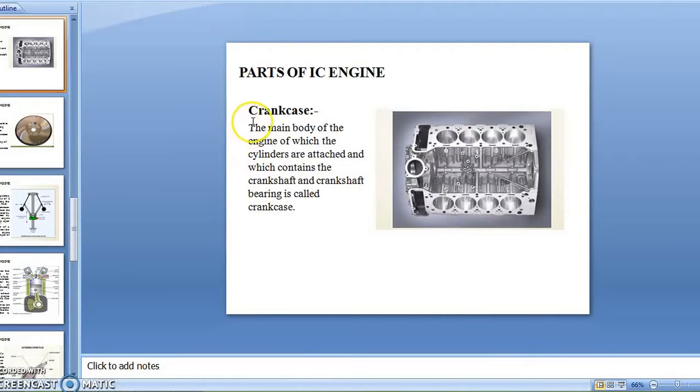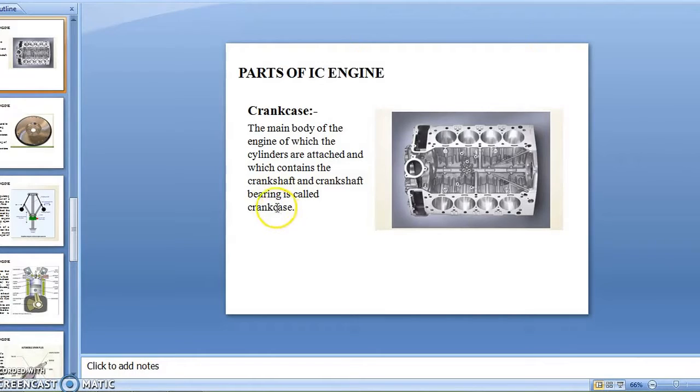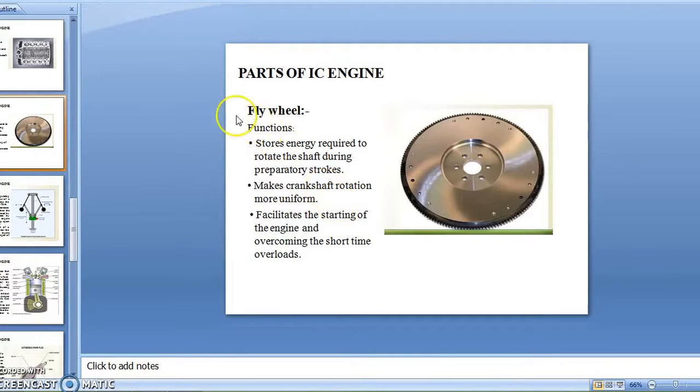Next part is crankcase, the main body of the engine to which the cylinders are attached and which contains the crankshaft and crankshaft bearing. It is called crankcase. Means this crankcase includes crankshaft and crankshaft bearing. Next is flywheel.